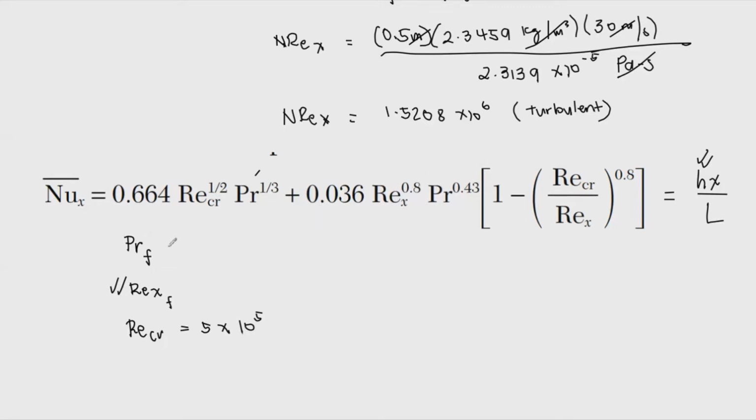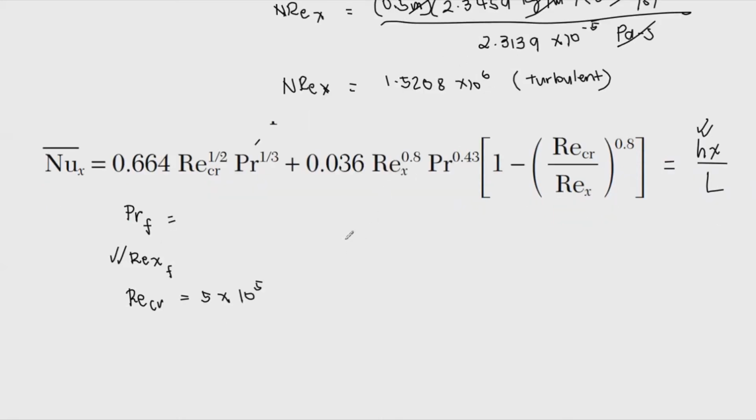We need to find the Prandtl number at the film temperature. Remember, the Prandtl number is equal to the specific heat capacity times the viscosity divided by the thermal conductivity. Of course, all of these will be evaluated at the film temperature.